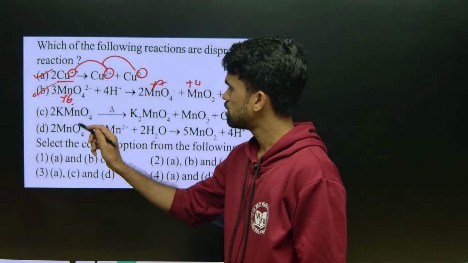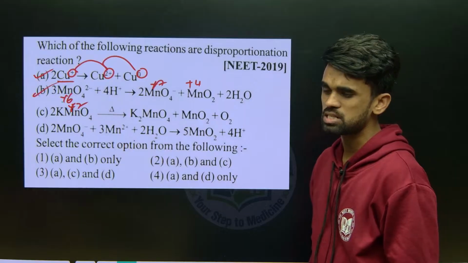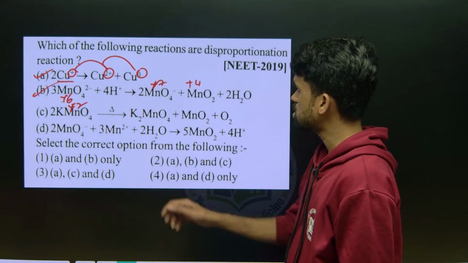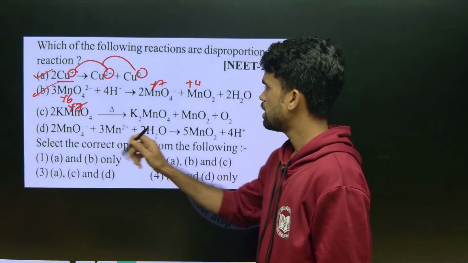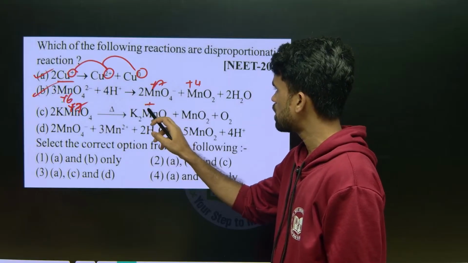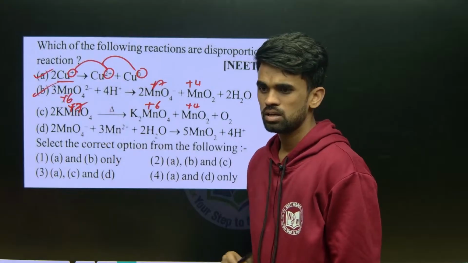Next, what about here? This is already plus 7 manganese. Whenever a species is in its maximum oxidation state, it is not possible for it to undergo disproportionation, because here it is plus 7, so one product should be greater than plus 7 and one should be less than plus 7. But here both of them are plus 6 and plus 4, both lower than plus 7.